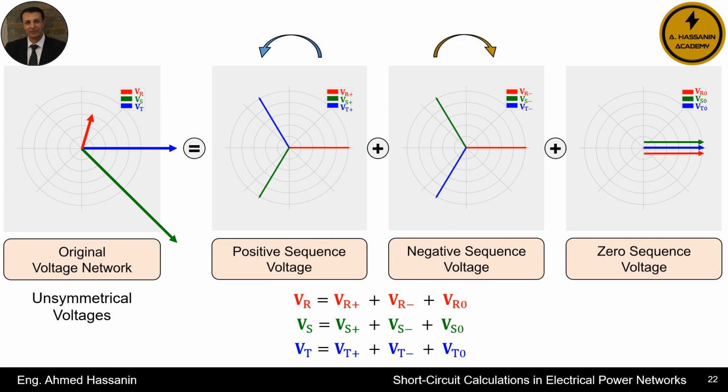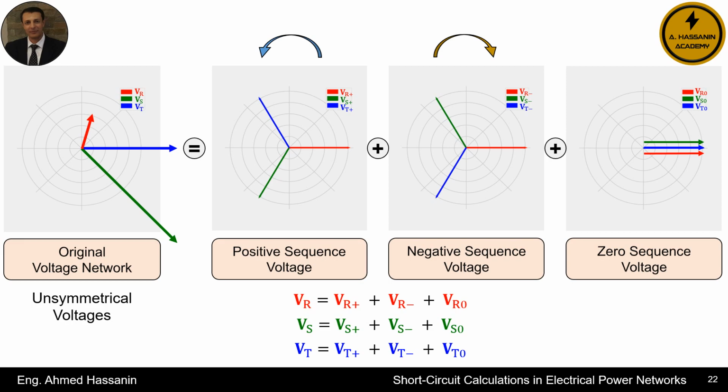So, what we understand is that when an asymmetrical fault happens at any point in the electrical network, the voltages of the phases R, S, and T will become unbalanced. This means that the voltage of phase R, VR, is not equal to the voltage of phase S, VS, and neither is it equal to the voltage of phase T, VT.